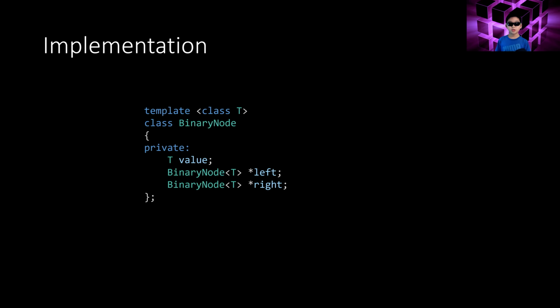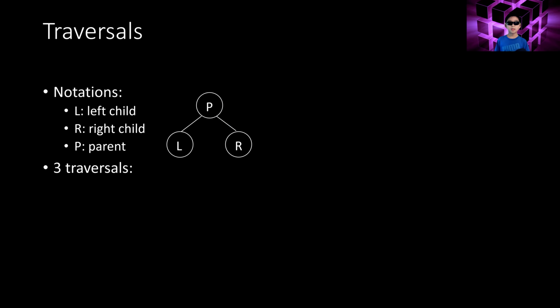The class definition of a binary tree node is simpler than a general tree. First, it contains data. Then it has the left and right pointers for the two children. In linked lists, it is easy to traverse through all the nodes. But if a tree is a two-dimensional data structure, how do we traverse it?